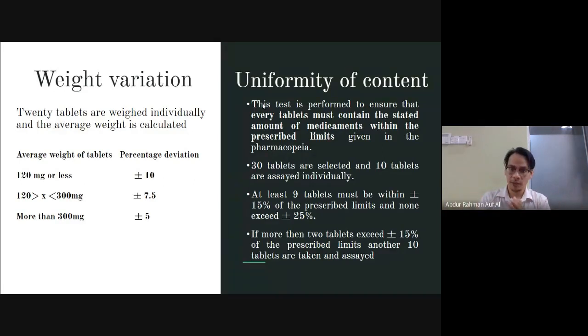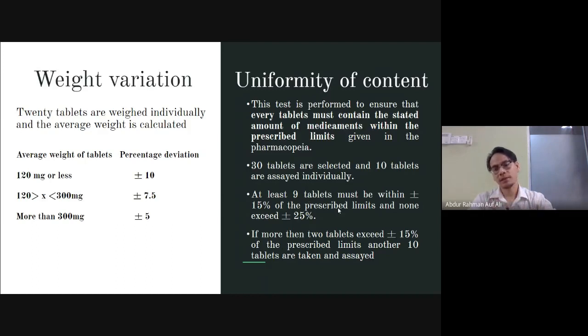So QC sekarang ada 30 biji tablet, and QC pick 10 tablets randomly. Okay, and dia akan perform assay test on these 10 tablets. So bila dia perform assay test, dia akan determine dia punya dose 100% ataupun tidak. So the specification here kata at least 9 tablet must be within the 15% of the prescribed limit.